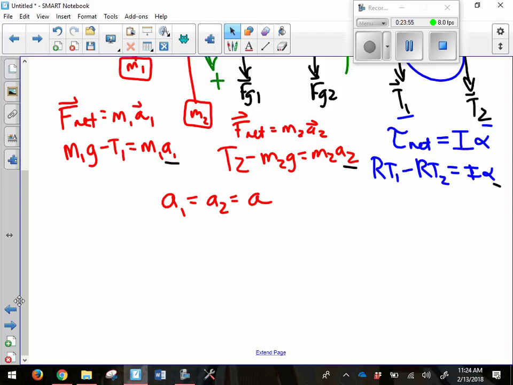So the alpha is whether it's speeding up or slowing down, right? So it's related to which acceleration? It's related to the chapter 2 acceleration, right? And what's that relationship between alpha and the chapter 2 acceleration?